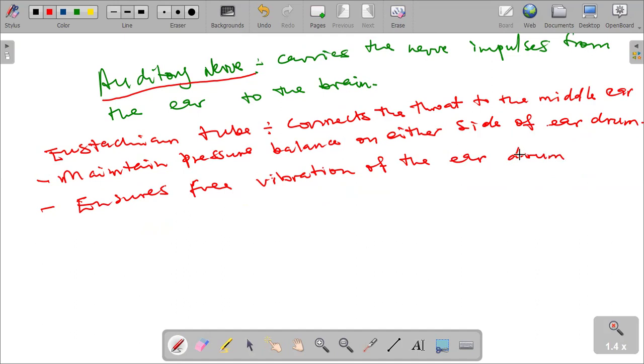By ensuring that there is no pressure building up inside the ear, there is free vibration of the eardrum that must take place.